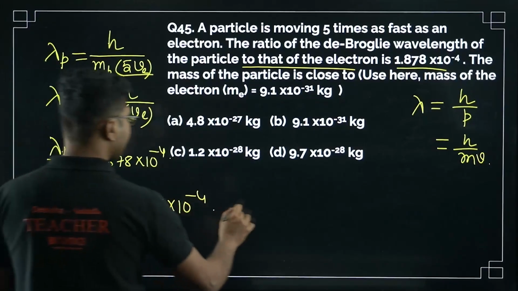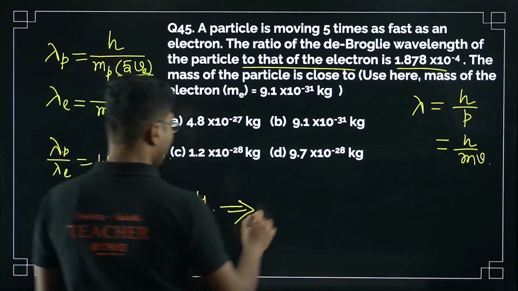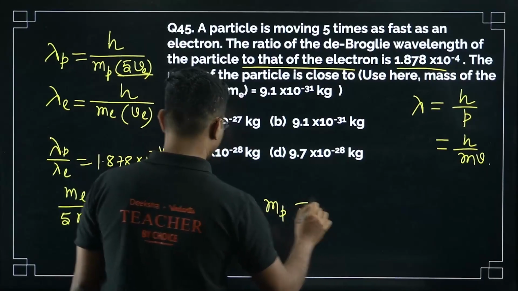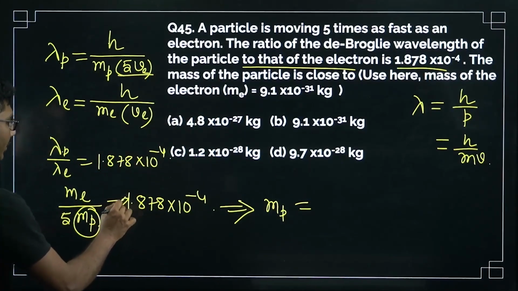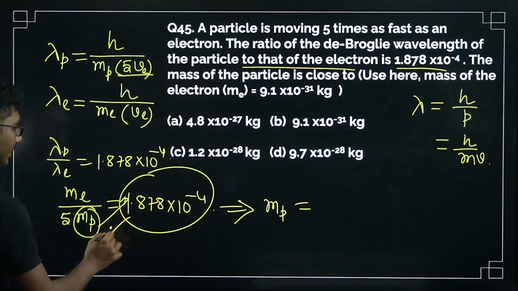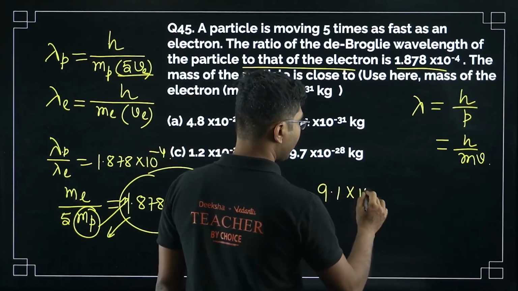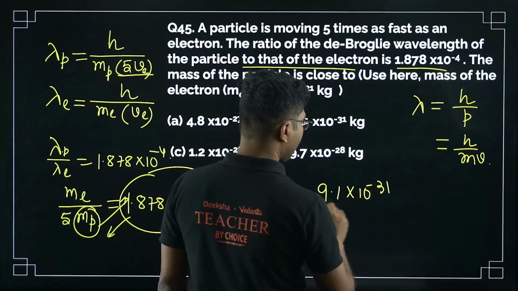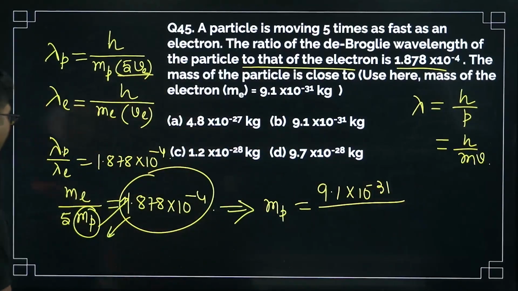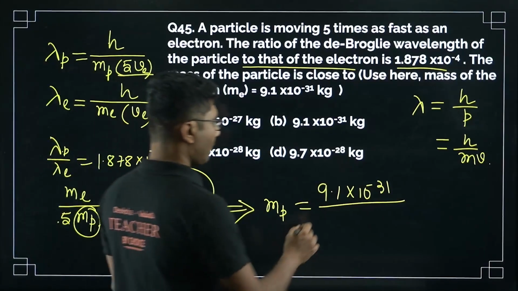So mass of the particle equals, this one will multiply over here and the entire thing will divide over here. So mass of electron is 9.1 into 10 to the power of minus 31 divided by 5 into 1.878 into 10 to the power of minus 4.